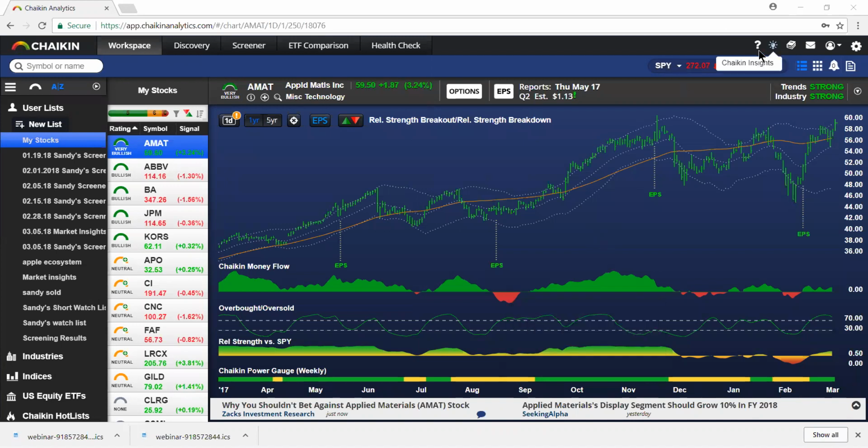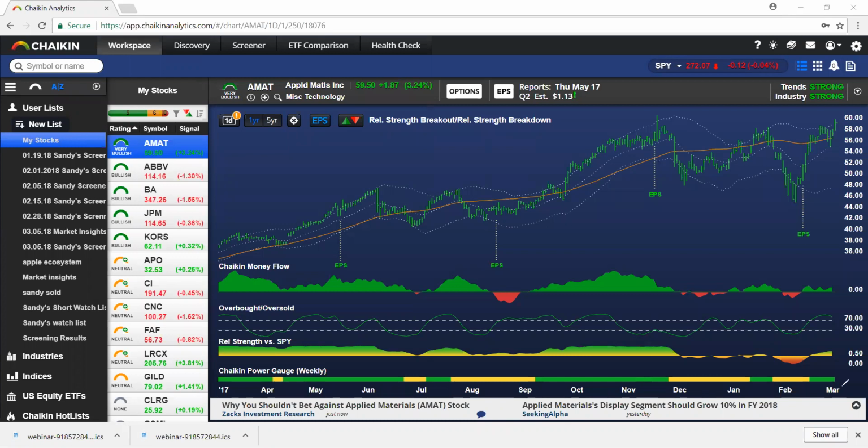So let me get my little annotation thing going here. First thing to look at is Power Gauge. I do this periodically with my own stocks to make sure they're still within the framework of a classic bull, because if they start breaking down, then I've got to look at whether it's something I want to hold or get out of. But let's evaluate a classic bull on a stock that I own, which is Applied Materials.